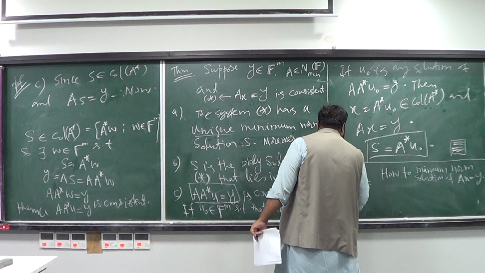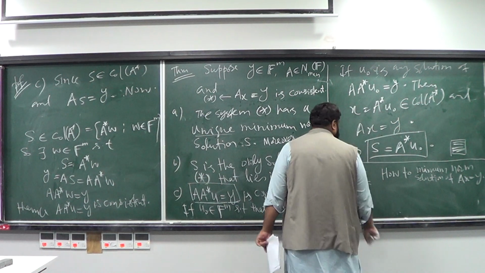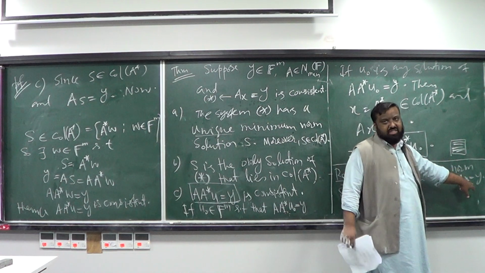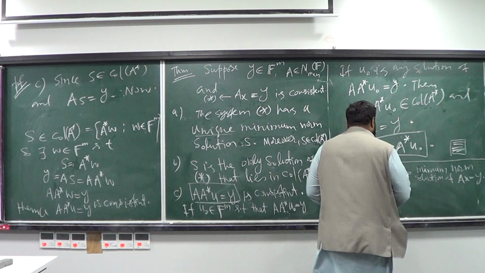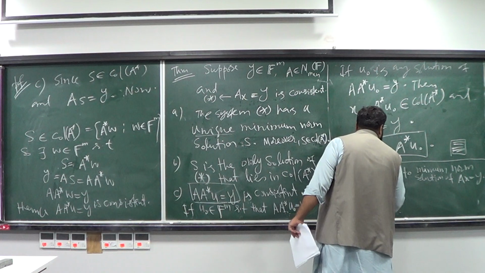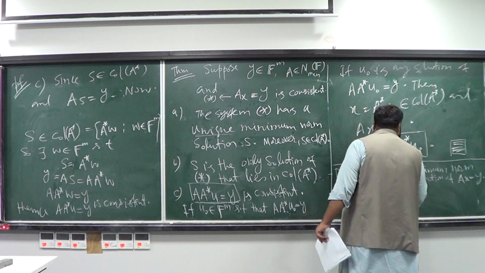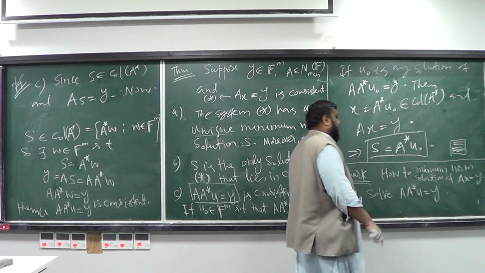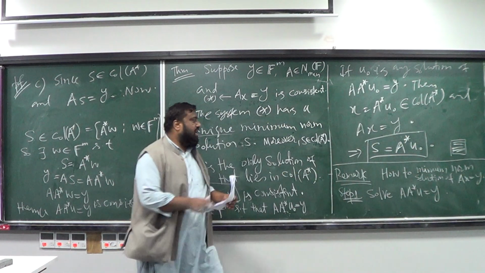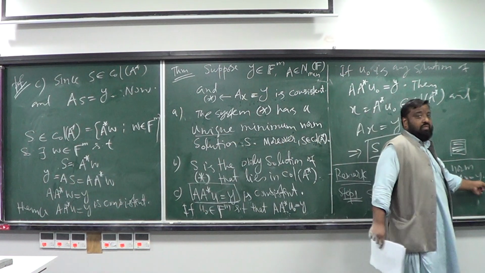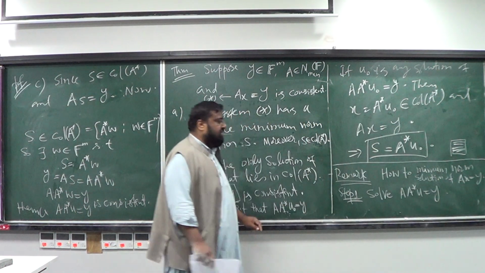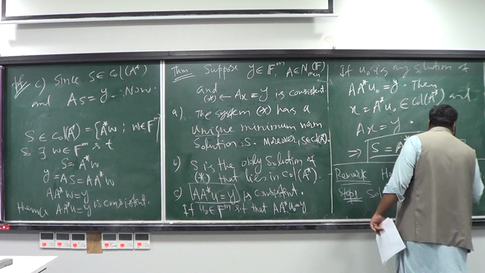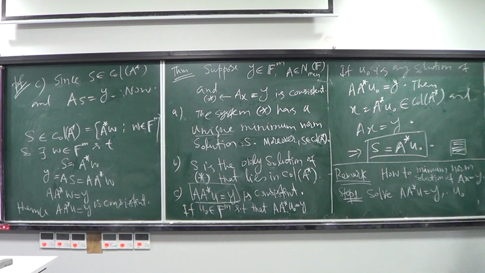Step 1: forget about this system, which should be a consistent system. Solve A star U equal to y, where U is unknown and y is the same y from Ax equal to y. Imagine that you found the solution of it, U0.